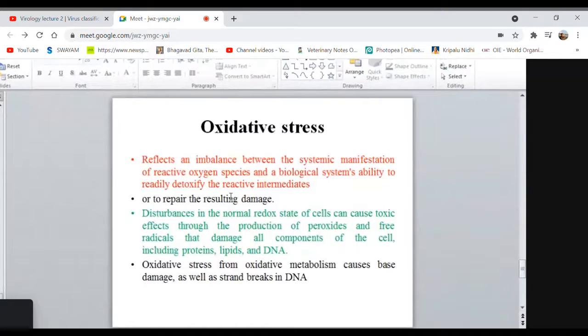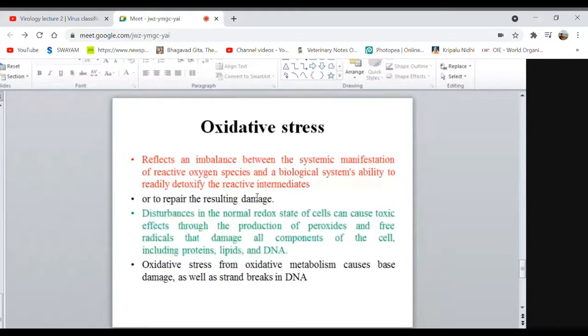So oxidative stress means the imbalance between the systemic manifestation of reactive oxygen species, like superoxide ion, hydrogen peroxide, hydroxyl ion, and a biological system's ability to detoxify them.